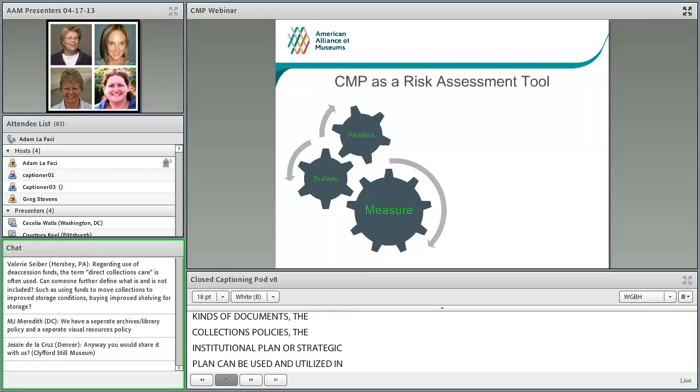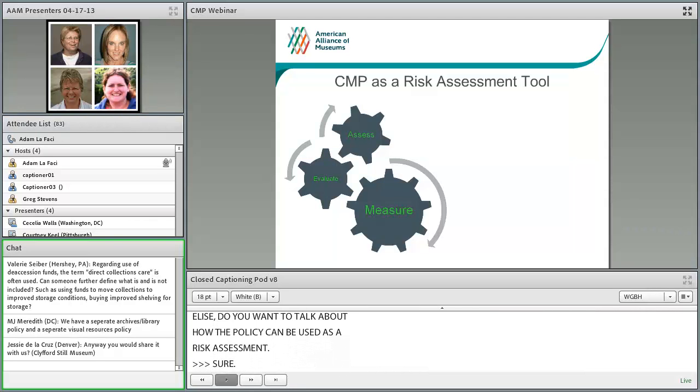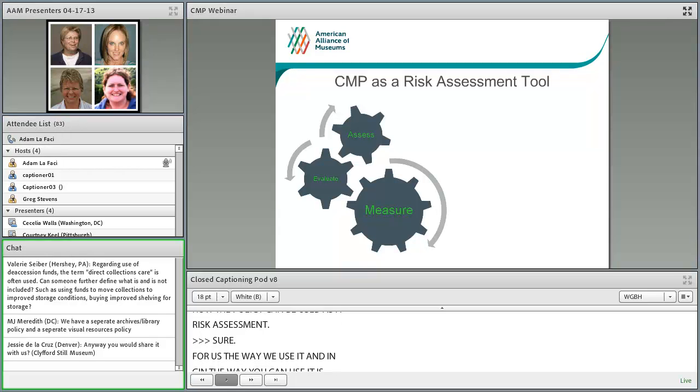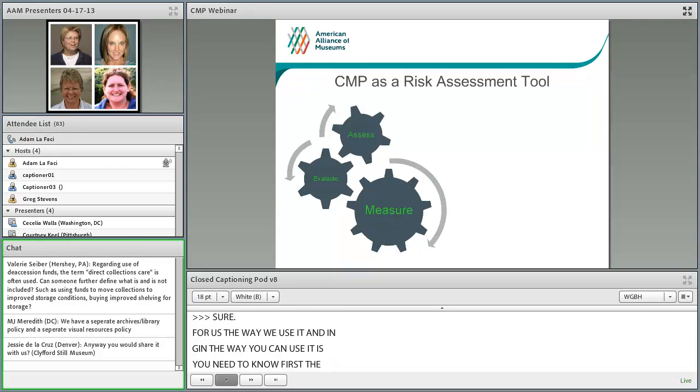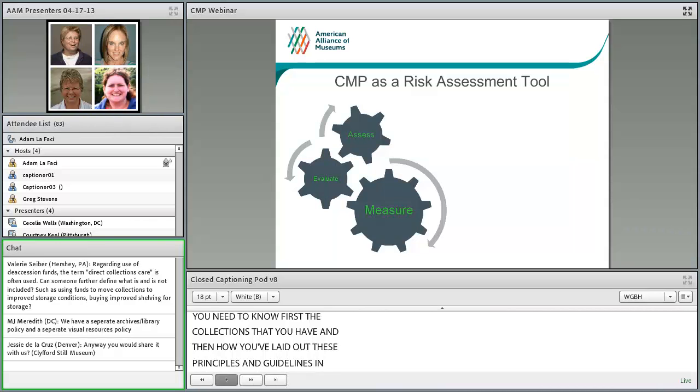Elise, do you want to talk a little bit about how the policy can be used as a risk assessment tool? Sure. For us, the way we use it, and in general, the way you can use it, is you need to know first the collections that you have, and then how you've laid out these principles and guidelines in your collections management policy to help you determine what kinds of risks are associated with the collections that you have.